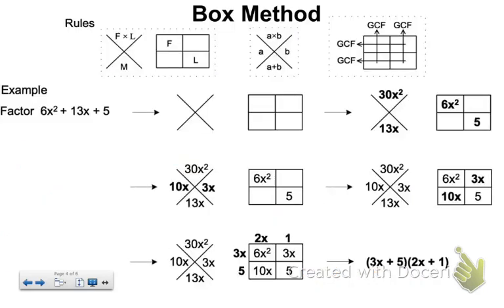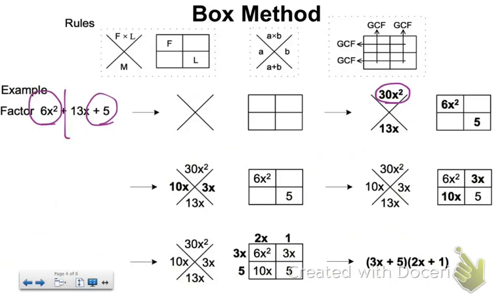Alright, the last method is the box method, and it's just like undoing what you do when you use the box to multiply binomials. So what ends up happening is you take the first term, the ax squared term, and the c, and you multiply them. So 6x squared times 5 is 30x squared. That is going to go in the top part of the v.